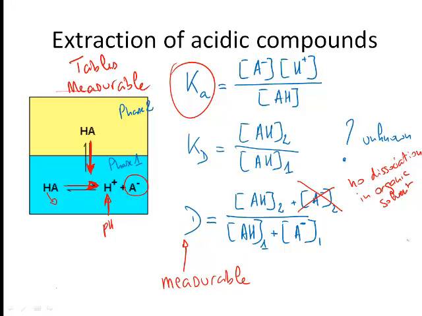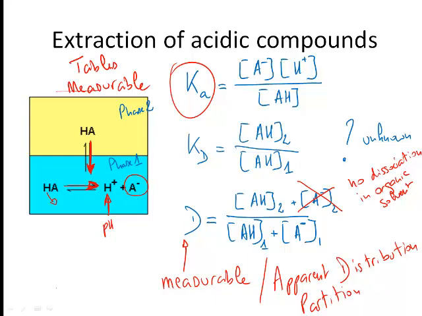So how do we link D to Ka, and how can we influence the apparent distribution or partition coefficient, and how can we modify it with pH? So it is a function of pH. And how is it a function of pH?